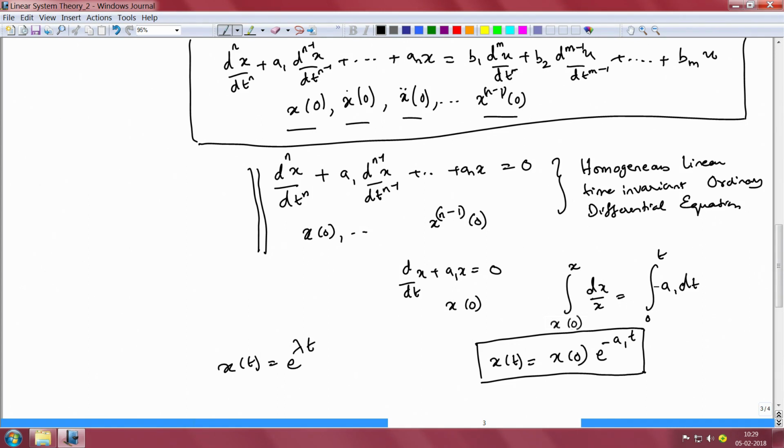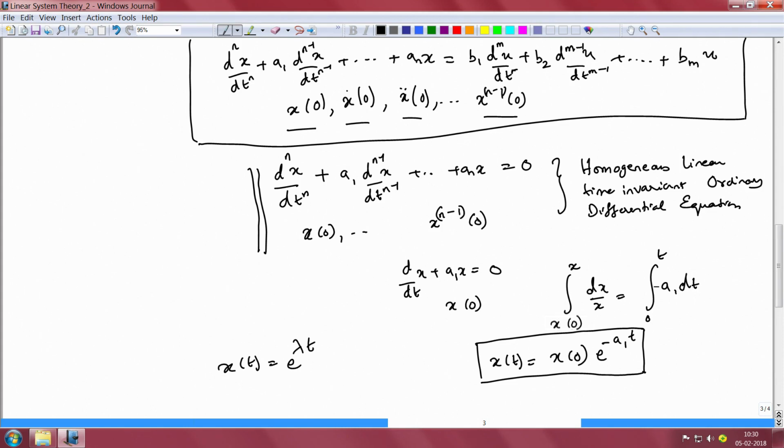So lambda clearly, we discovered, cannot be a1 to an, but is there any other lambda for which this particular form of solution, which we have seen in the case of n equal to 1, could possibly also be a solution for the more general case, for any arbitrary value of n?